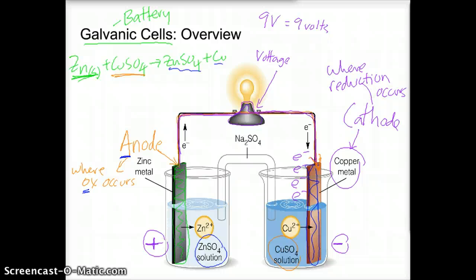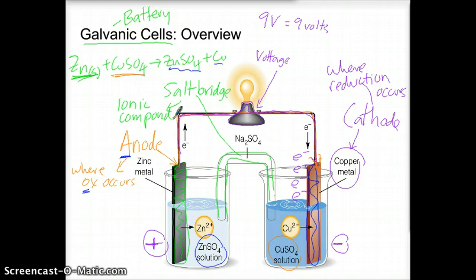So the last thing that you need to know about galvanic cells is this piece right here in the middle. Okay? This is called a salt bridge. So a salt bridge is just an ionic compound, usually that's soaked in some type of paper.